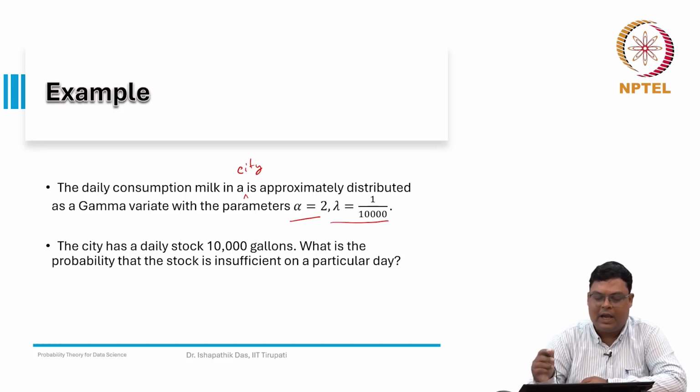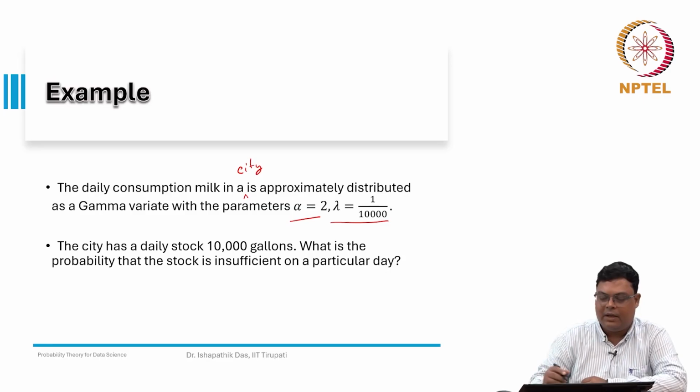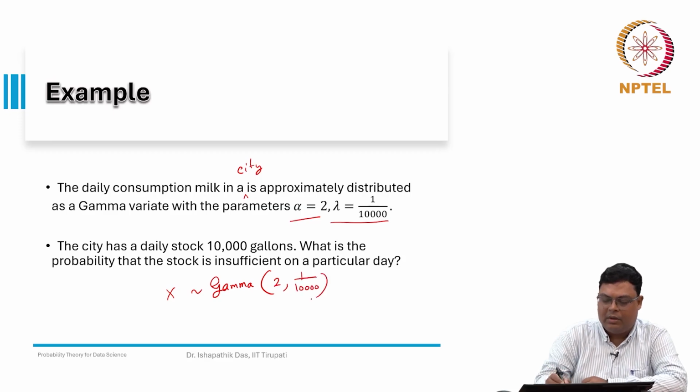So, here it is mentioned that X has a gamma distribution with parameter alpha equal to 2 and lambda equal to 1 by 10,000.